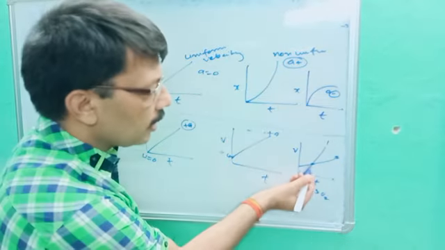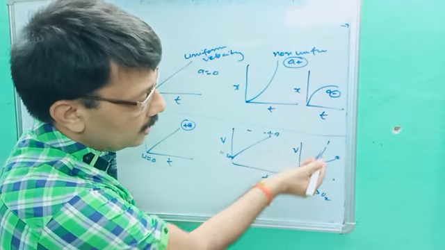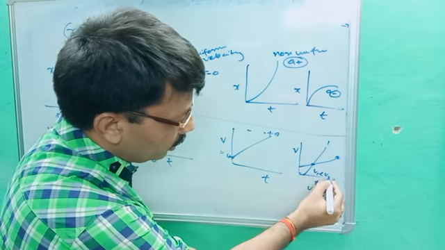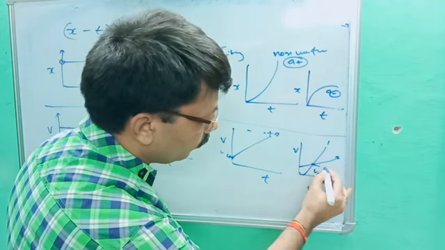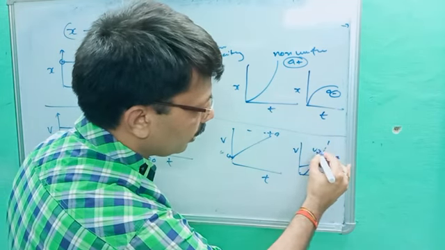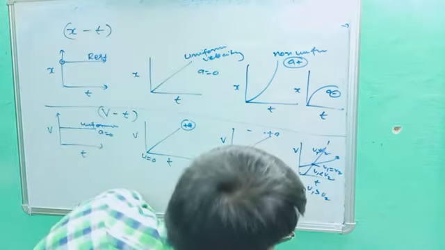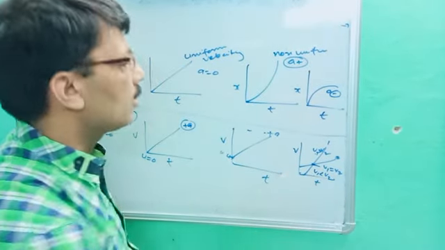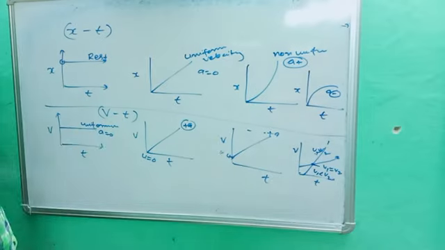You see, here the graphs cross each other. Till here V1 is less than V2. At this point V1 is equal to V2, and after this V1 is greater than V2. So there are three conditions: V1 less than V2, V1 equal to V2, and V1 greater than V2. So this is all about your vt graph.